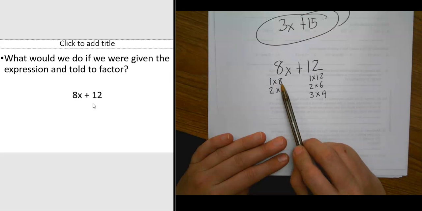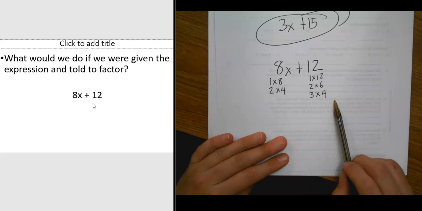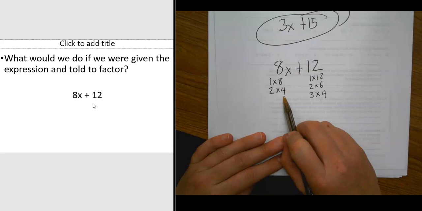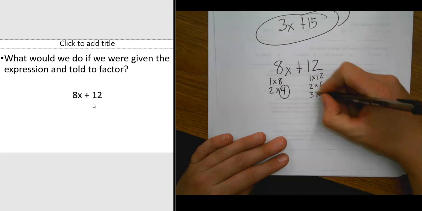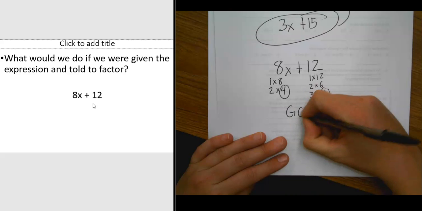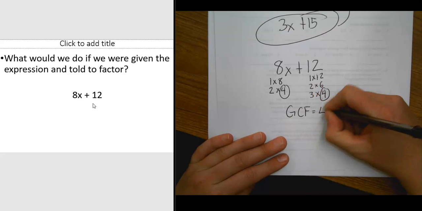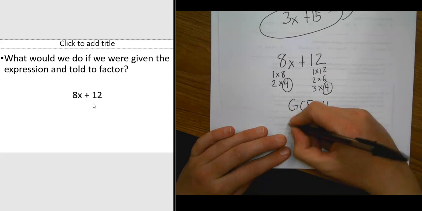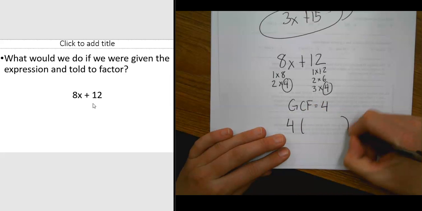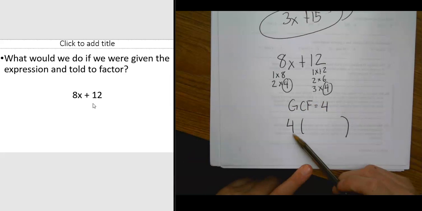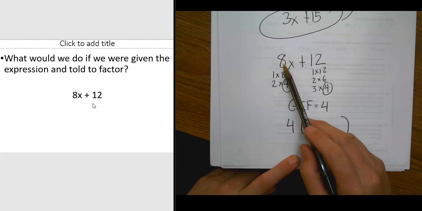The biggest on the list is 8, but 8's not over here. The second biggest is 4, and there's a 4 here. So my greatest common factor is 4. So then I put the 4 on the outside, and then I ask myself, well, 4 times what equals 8?